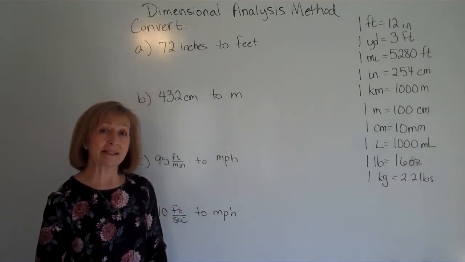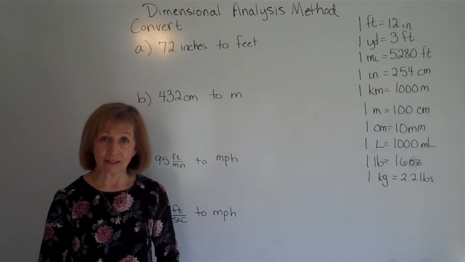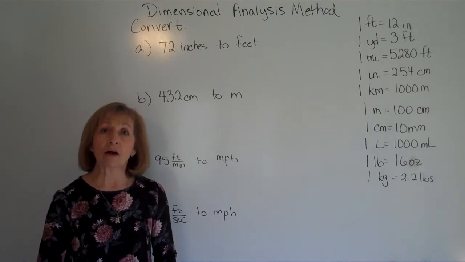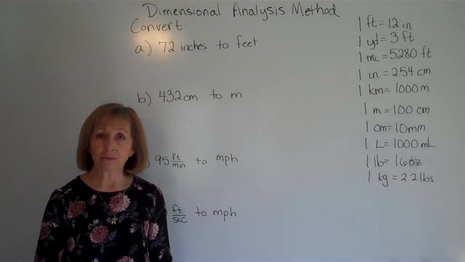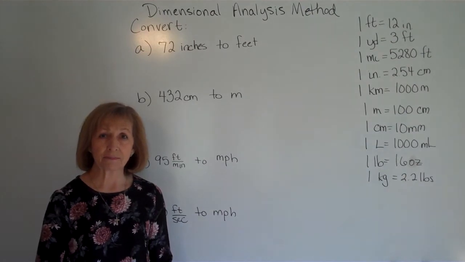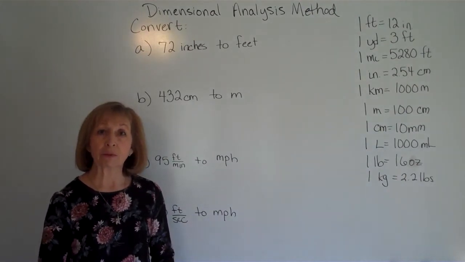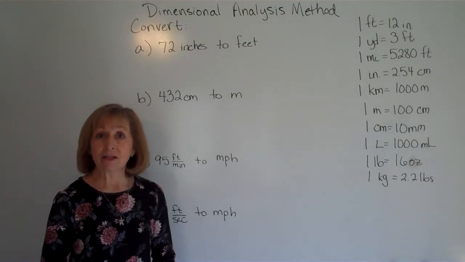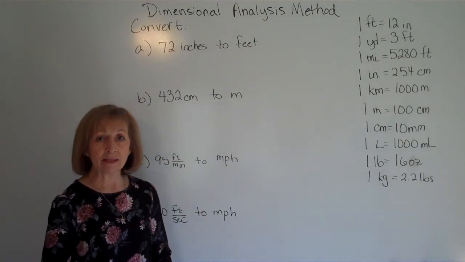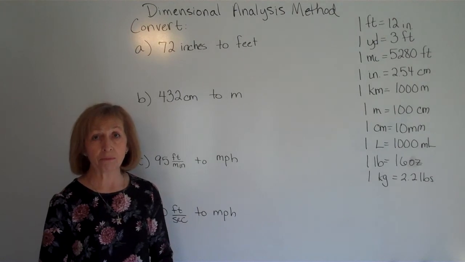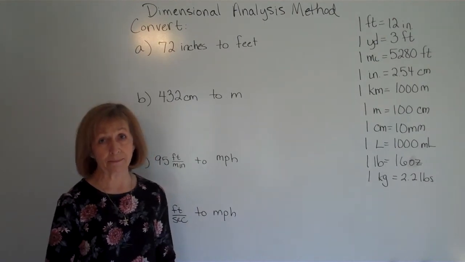When setting these up to convert between units, we take our originating value and think about which unit conversion factor to multiply by, so that we take away the units we don't want and bring in the units we do want.